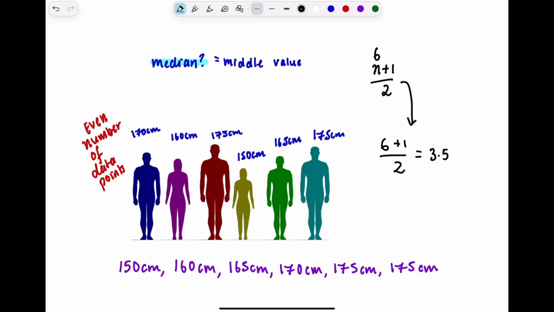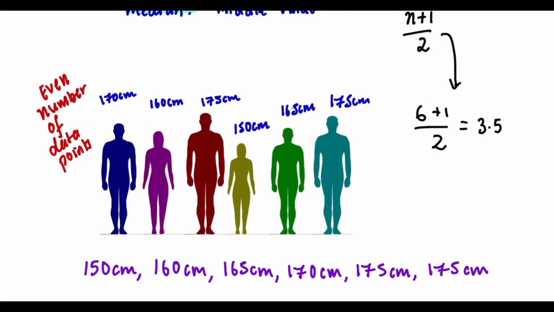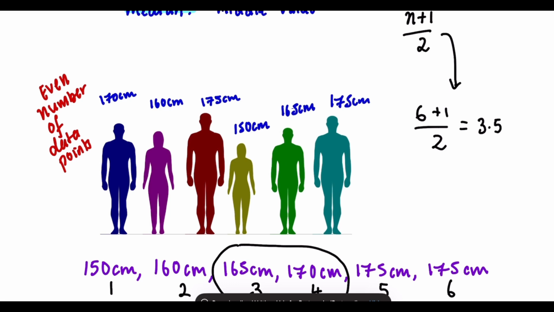How can the median be our 3.5th value? It just means that our median is between our third and our fourth value. So if we count 1, 2, 3, 4, 5, 6, our median must be between 165 centimeters and 170 centimeters.